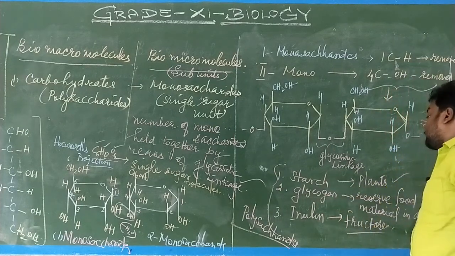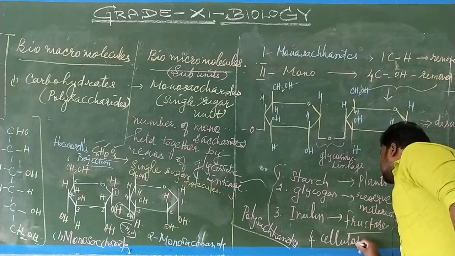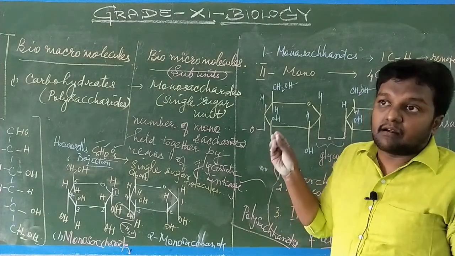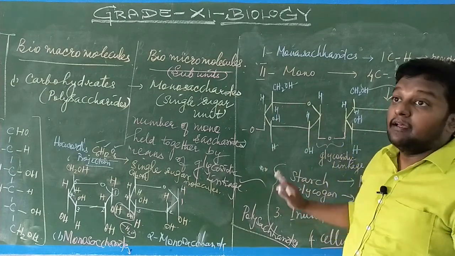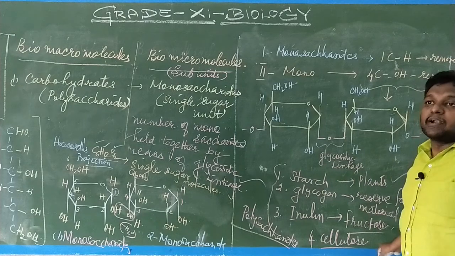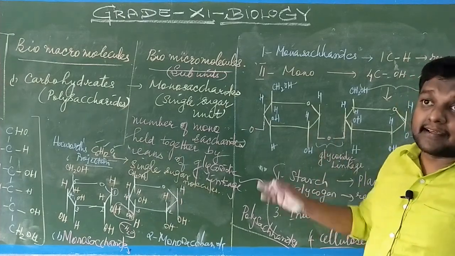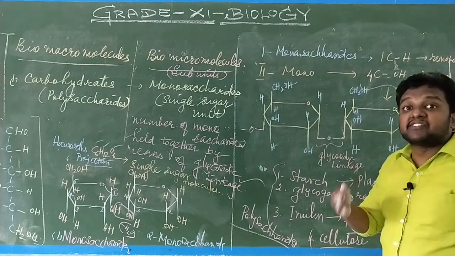Even you can take a fourth example, cellulose. Cellulose is a polysaccharide which is a main constituent of cell structure. Carbohydrates help not only for energy purposes but also in the formation of structure. The plant cell wall is made up of cellulose, hemicellulose, pectin.